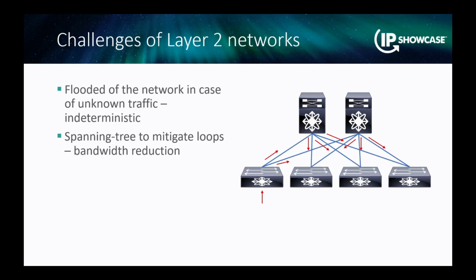What that means is that you cannot use that link at all as it is suspended, so you're reducing the bandwidth present in the network, which is again undesirable behavior for broadcast networking. So building the network on layer 2 is not desirable, and I would discourage you from going that way, because of these reasons: flooding and suspending the bandwidth which is present in the network.